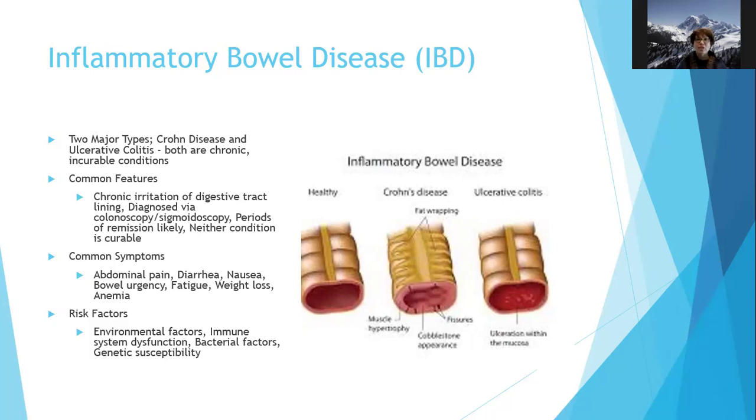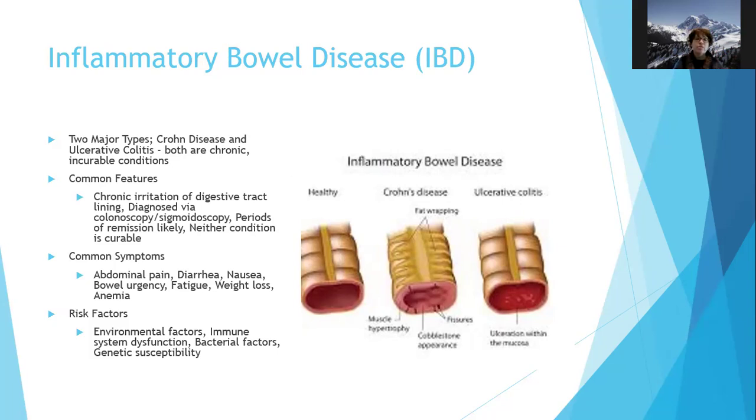Both are chronic, incurable conditions, but they can be treated. It's chronic irritation of the digestive tract lining, and they diagnose via colonoscopy. Usually there are remissions, but neither one is curable.